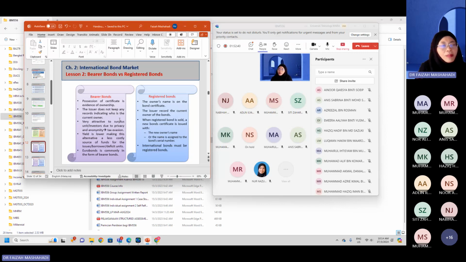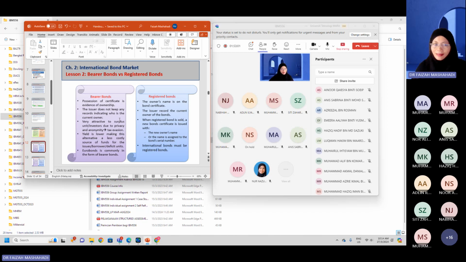Remember, in bond, we have primary and secondary market. We will look into the transactions later on, what happens in the primary market and what happens in the secondary market. Secondary market is a second-hand market. The unwanted bond will be sold in the secondary market. It's like a pre-loved item.